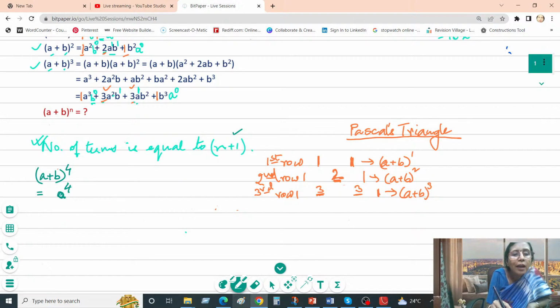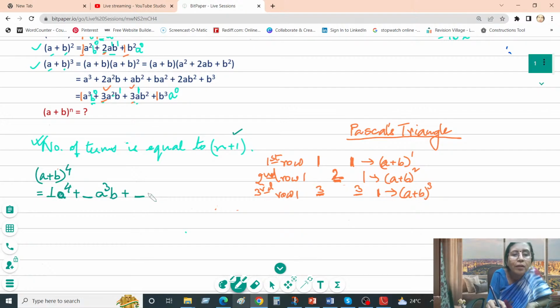I am not writing b to the power of 0 because it is equal to 1, so we do not write that explicitly. Next one, there will be some number, but the power of a will be getting reduced by 1 and the power of b will be getting increased by 1, that is b to the power of 1, plus there will be again some number. They may be 1, we do not know. We will be checking.